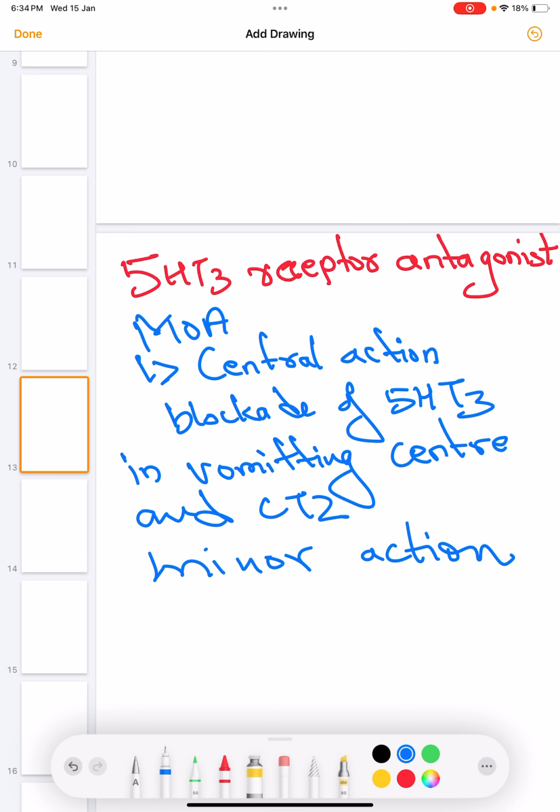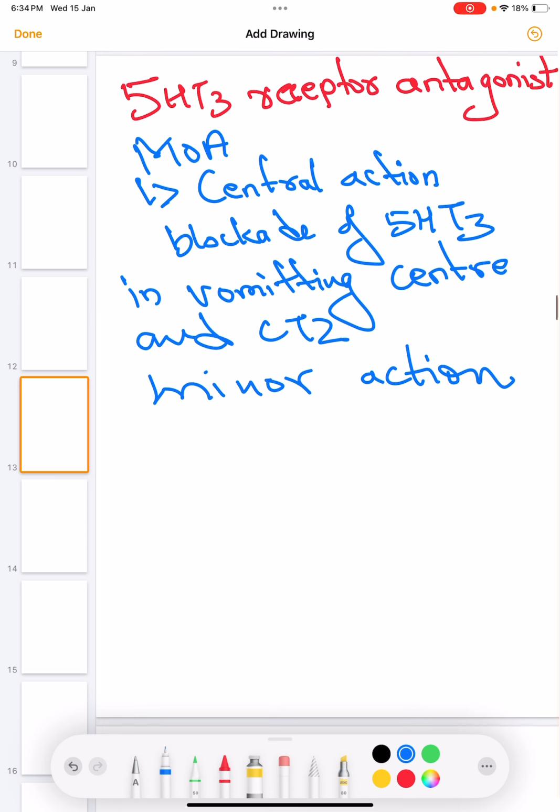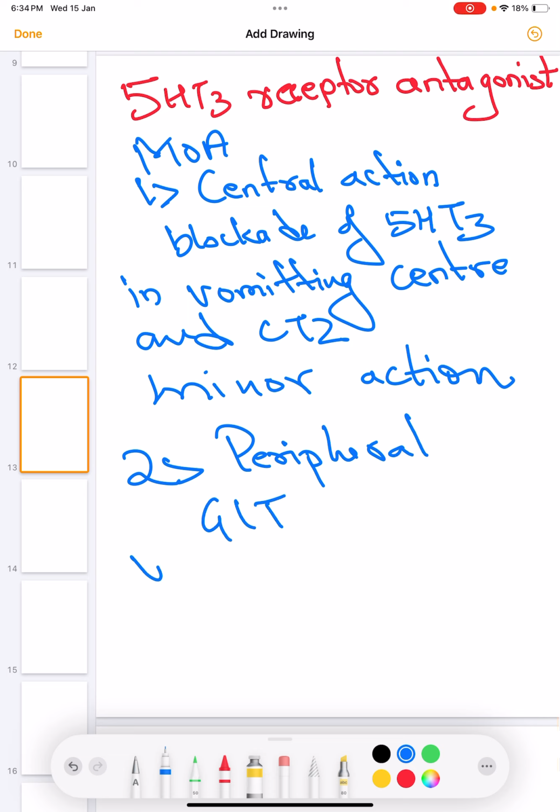The major action of 5-HT3 receptor antagonist is peripheral, where it acts on GIT, the vagal and spinal afferents in GIT, and blocks 5-HT3 receptors over there.